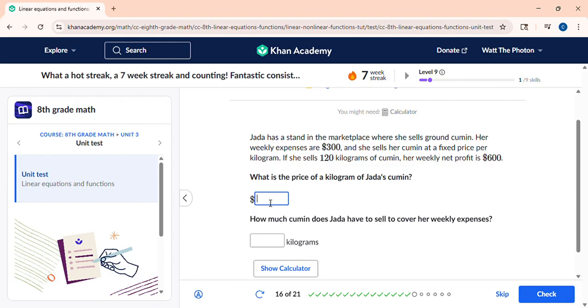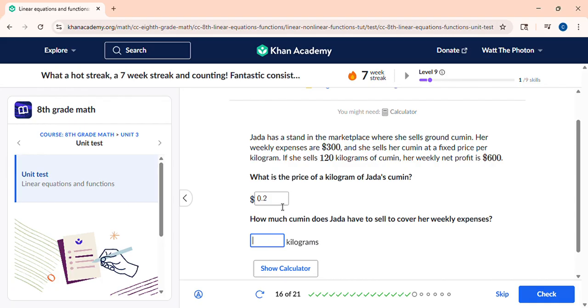So if 120 divided by 600, she gets $1 per fifth of a kilogram. 0.2 times 300. So we have $600 divided by 120.